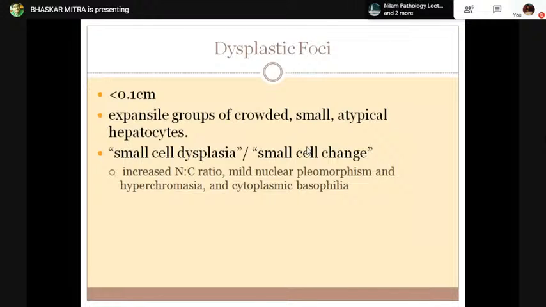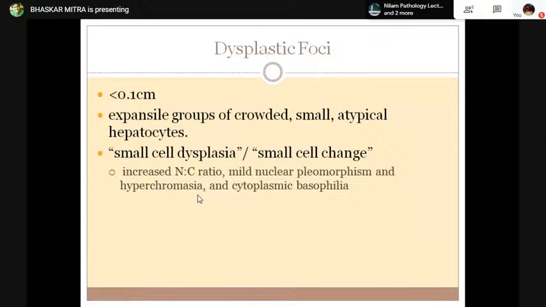This is the important finding in hepatocellular cases: if the cells become atypical, the cell size decreases. The decrease means the cytoplasmic volume decreases and there is an increase in the nuclear cytoplasmic ratio. Gradually the nuclear hyperchromasia and pleomorphism come, cytoplasm becomes more basophilic, and these are the small cell changes or small cell dysplasia.